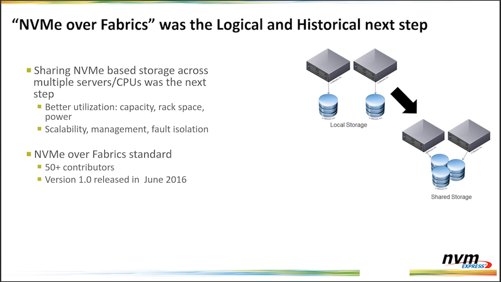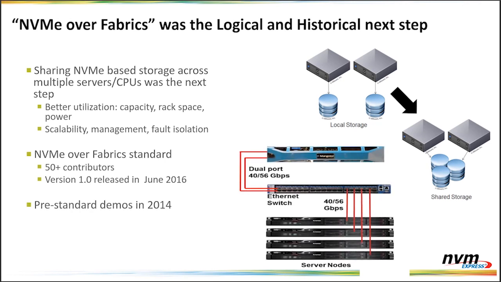The standard was developed by storage vendors from all across the industry. Many were the same that worked on NVMe, and it was done in the NVMe.org organization, and version 1 of it came out in 2016. Some vendors, including Mellanox, of course now part of NVIDIA, were demonstrating early versions of the standard before this.